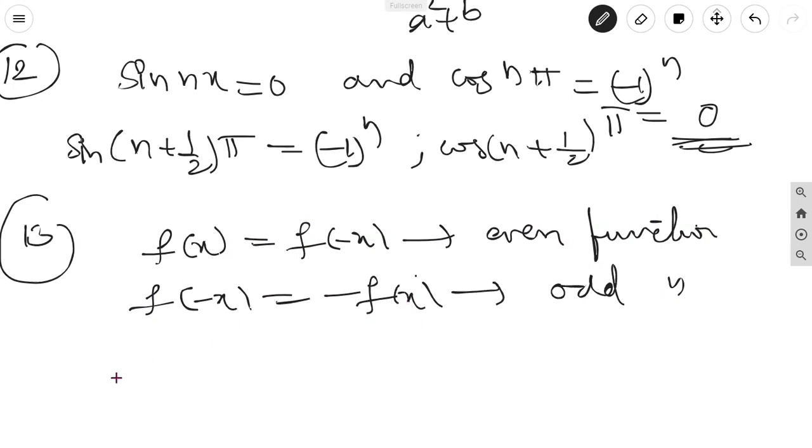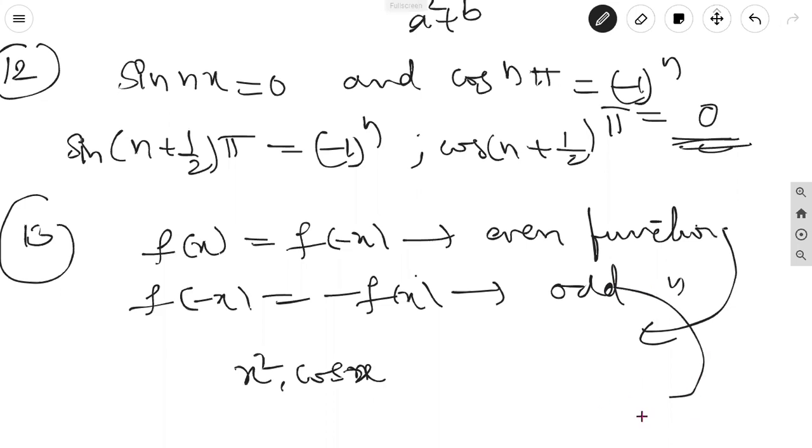Even function examples are x square and cos x. Odd function examples are x and sin x. These are the examples of even and odd functions.